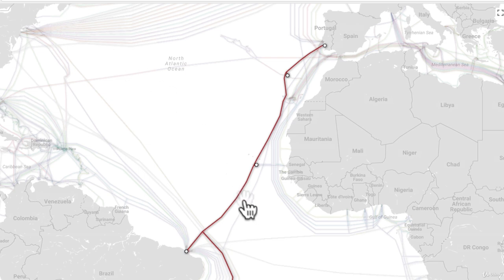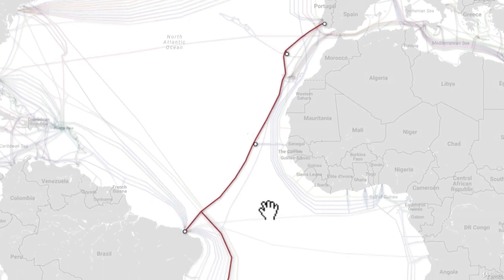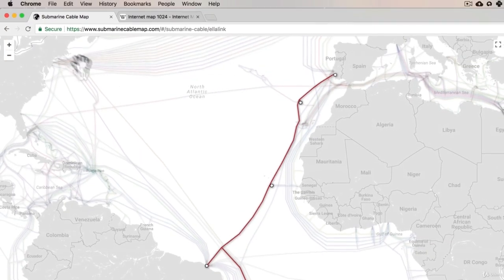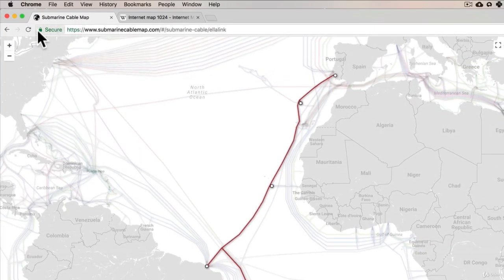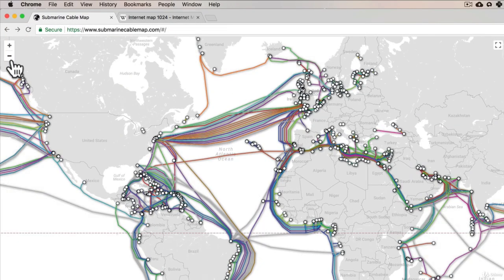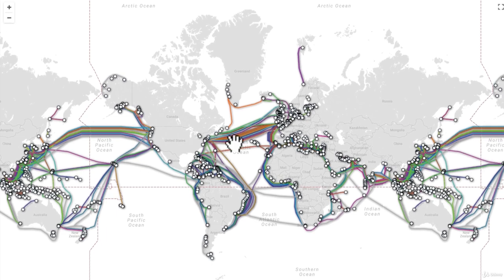There are times when somebody destroys something or something happens and these cable connections are cut off, and you sometimes lose internet connection that way. But the internet backbone is literally just this network all over the world of connected cables so that we can transfer files all over the world.